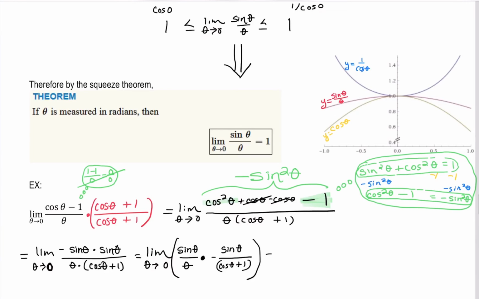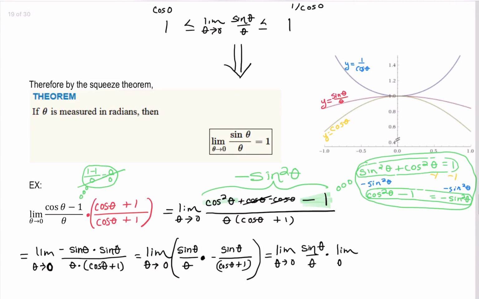One of our properties of limits says that the limit of a product is equal to the product of the limits. I can factor that negative all the way out in front, since constant multiples get carried along, but I'll leave it on the inside for now.